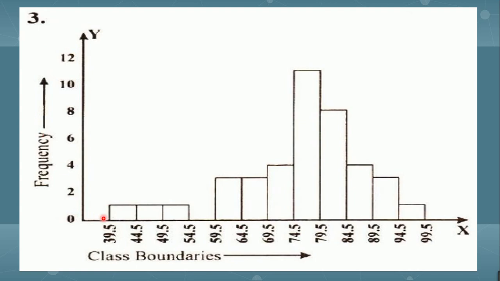Now mark the class boundaries along the x-axis with equal distance, like here 39.5, 44.5, 49.5, and so on. And similarly arrange the frequency numbers along the y-axis with equal distance.